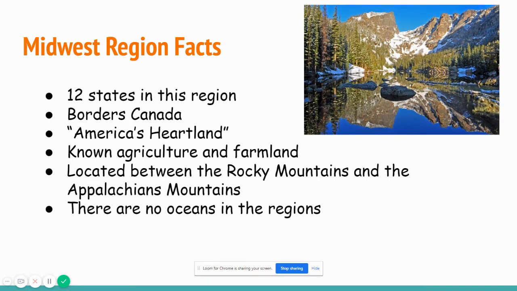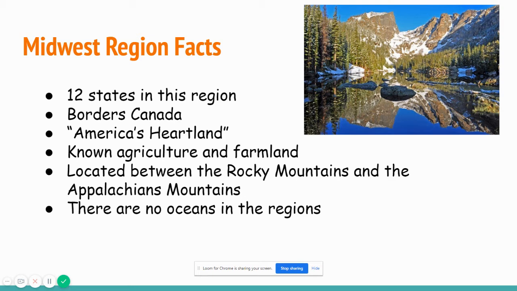Here are some facts about the Midwest region. In this region, we'll be trying to recall the location and capitals for 12 of the states. Particularly in the north of this region, it borders Canada. This area of the United States is known as America's Heartland because there's quite a bit of agriculture, farming, dry land.